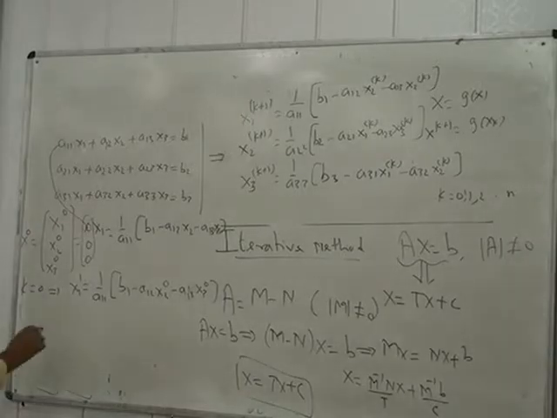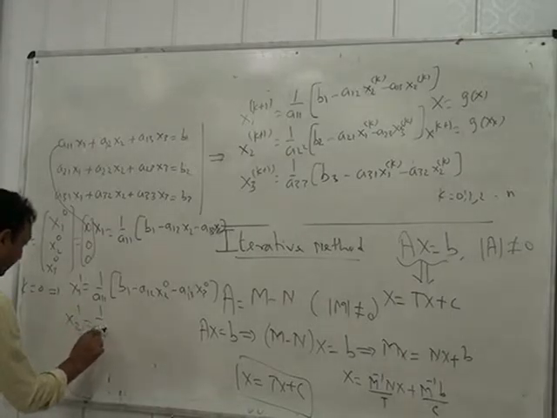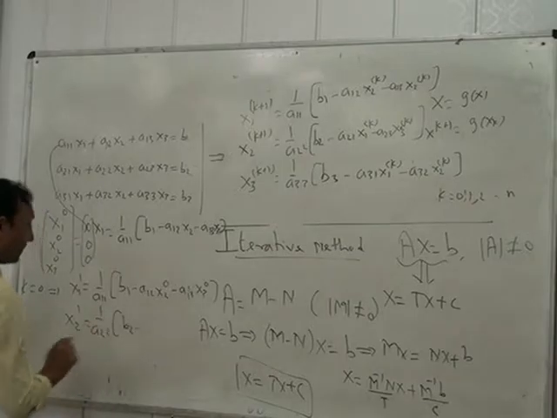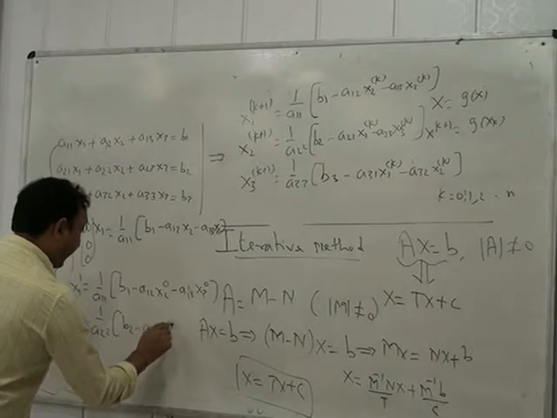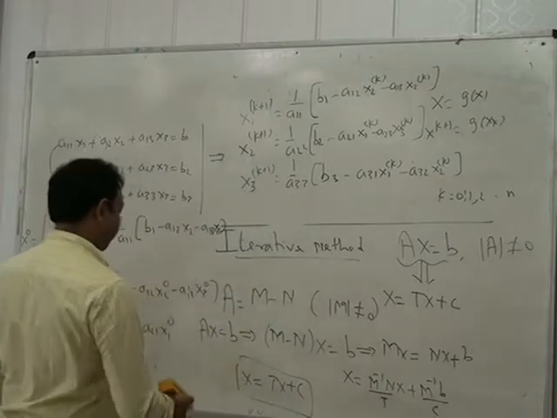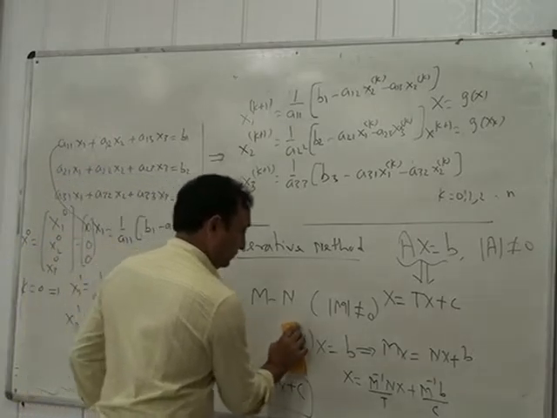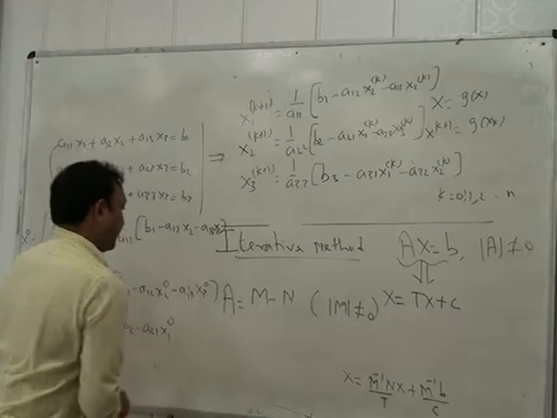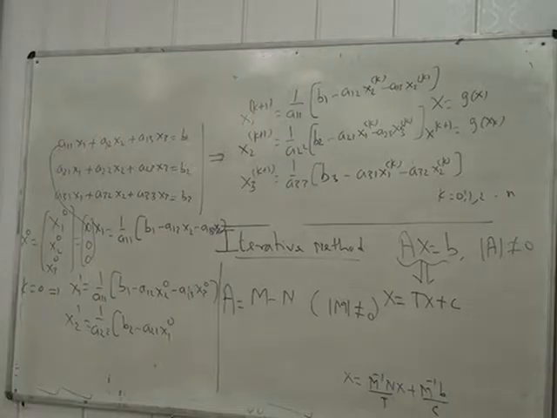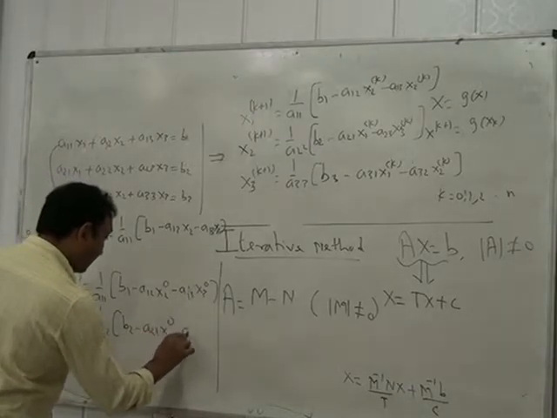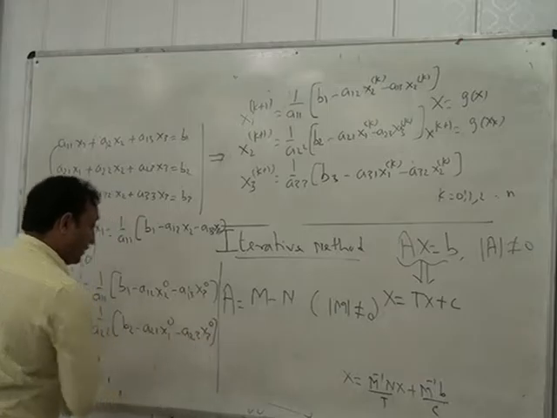So similarly, let me write these steps. I can write this x2 1 as 1 by a22, b2 minus a21 x1 0, and then minus a23 x3 0, correct?